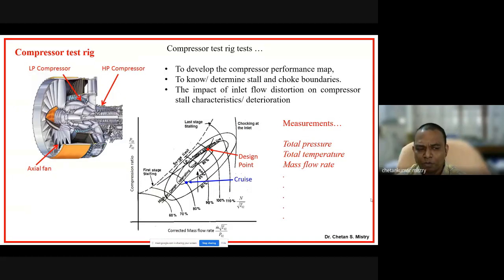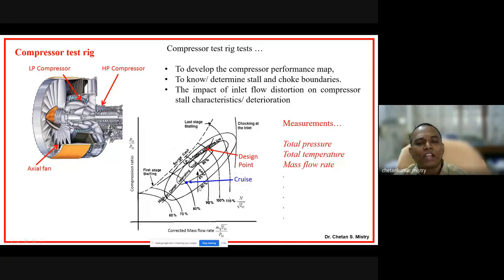Now suppose we are talking about compressor testing. Here we have the LP compressor and the HP compressor. This is called the performance map. Your whole compressor, all stages, are designed for one particular condition, which is the maximum thrust condition. When you are taking off, you need the maximum amount of thrust.